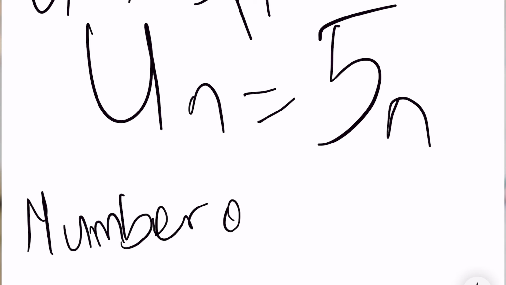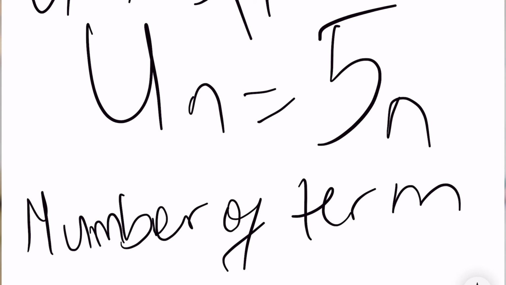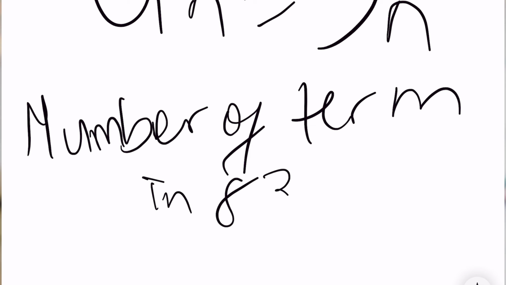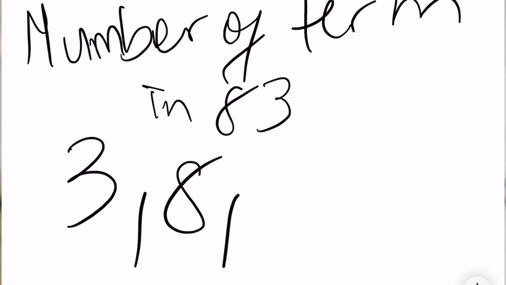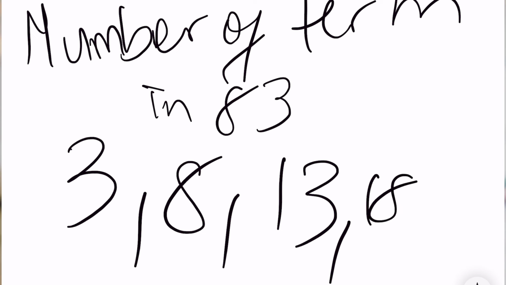Now the next example says, determine the number of the term which is 83 in the arithmetic progression of 3, 8, 13, 18.